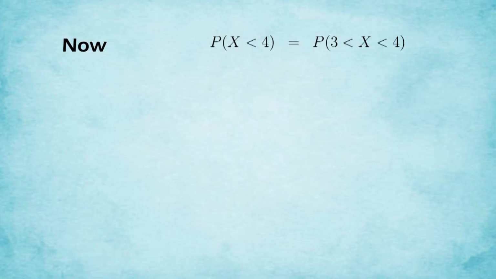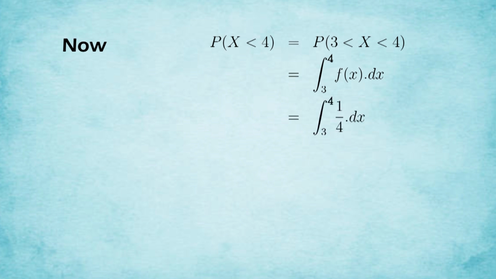Now, to find the probability that a package will arrive in less than 4 days, consider probability of 3 less than x less than 4, which is equal to integral 3 to 4, 1 by 4 into dx, which is equal to 1 by 4 into x in the limits of 3 to 4, which is equal to 1 by 4 into 4 minus 3, which is equal to 1 by 4.